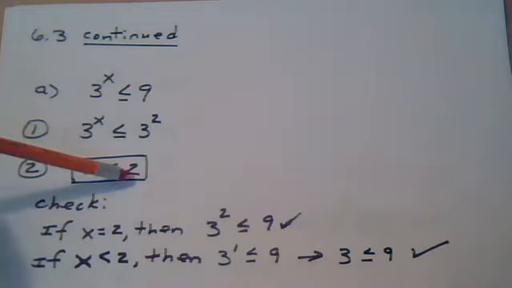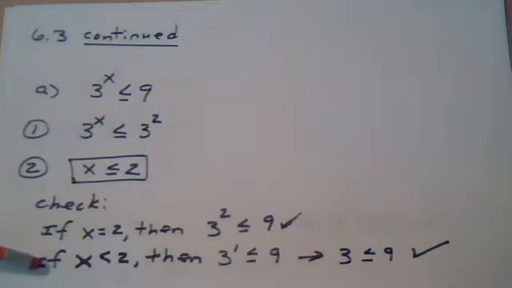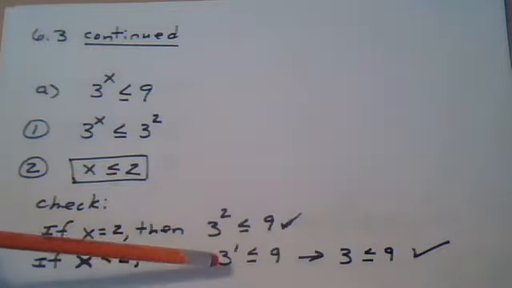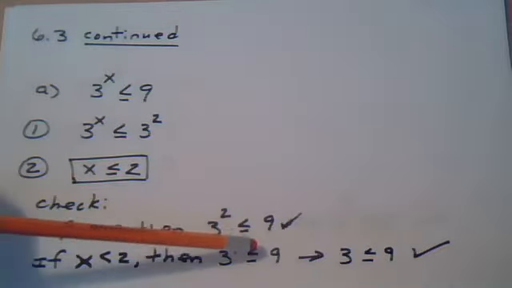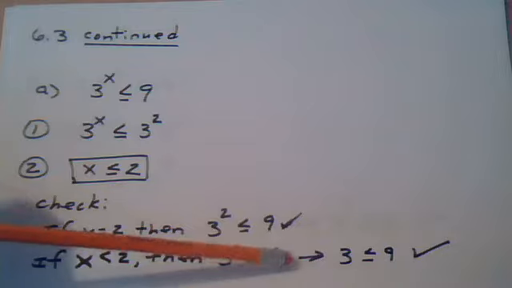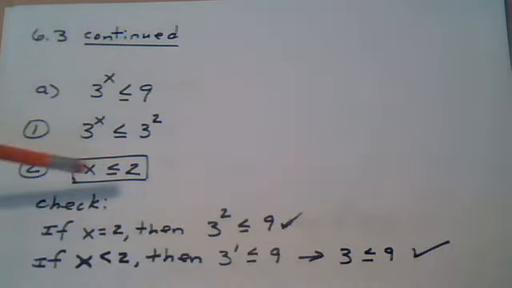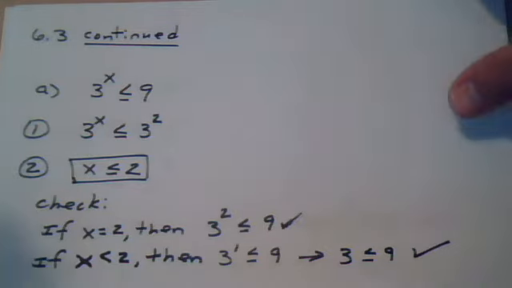So that checks out. The equal sign checked out. Now the inequality. If x is less than 2, well, what's less than 2? An integer less than 2, the first one that you come across is 1. So 3 to the first is less than or equal to 9. And that's true. 3 is less than or equal to 9. So yes, this is a solution.